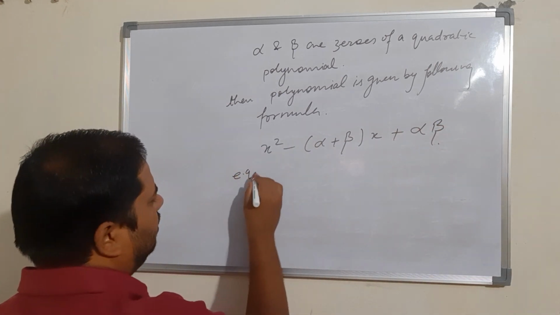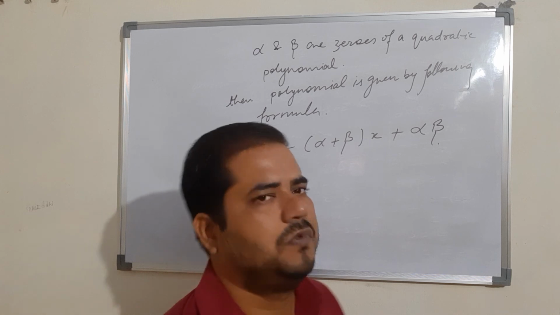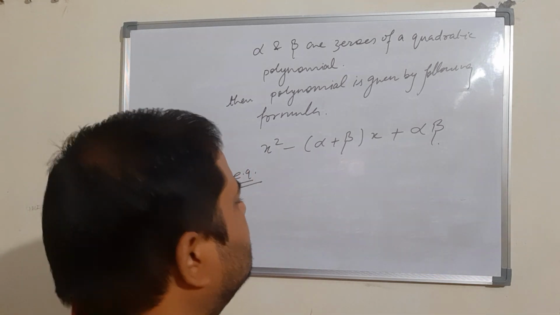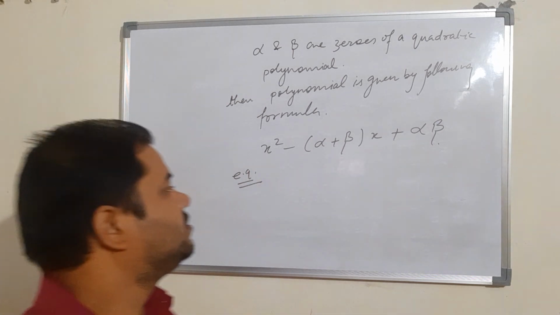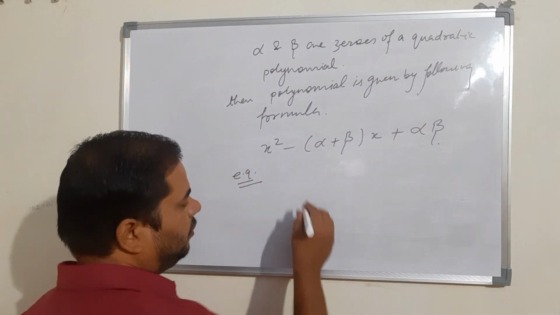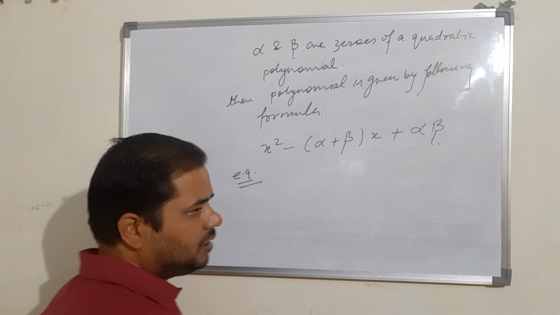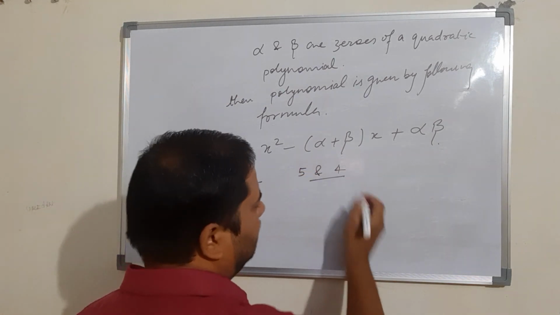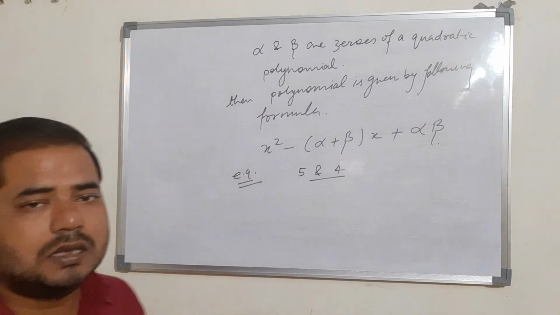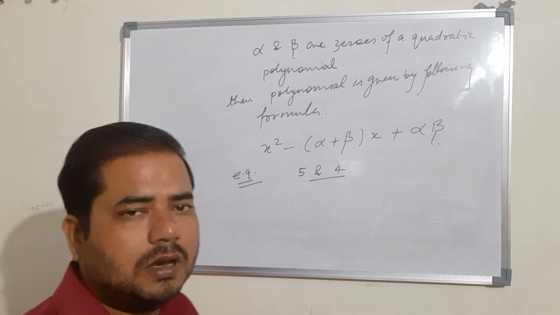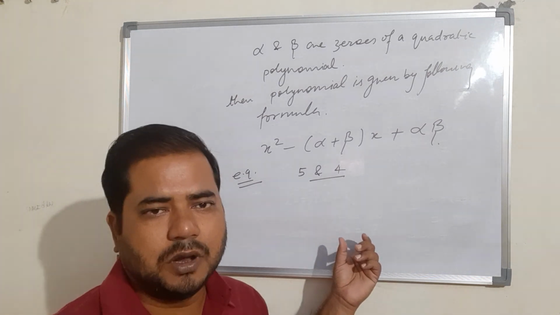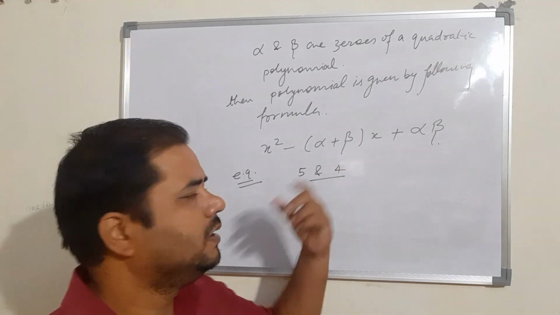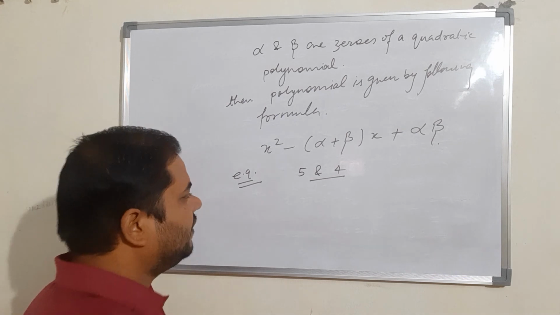For example, find the quadratic polynomial whose sum and product of the zeros are 5 and 4. Listen carefully. What is given here?